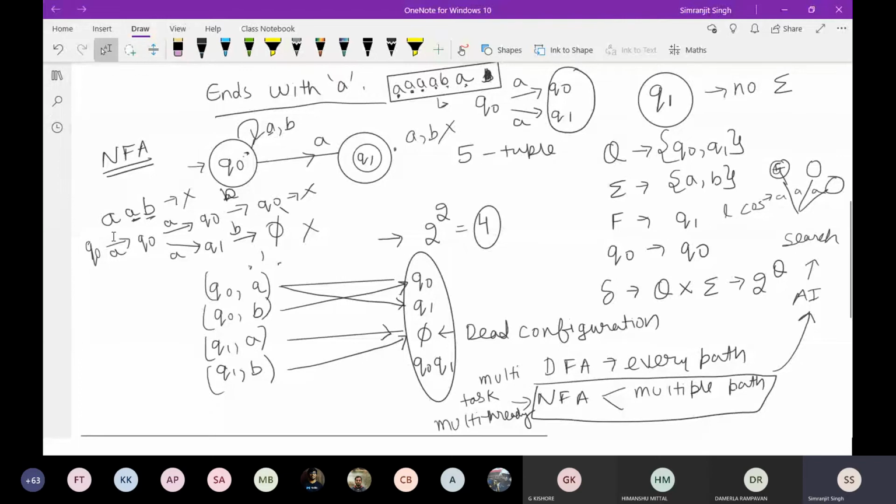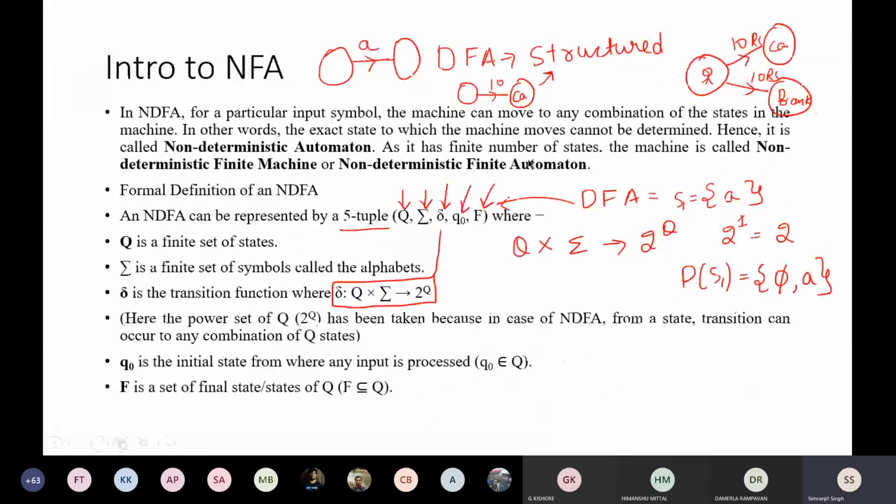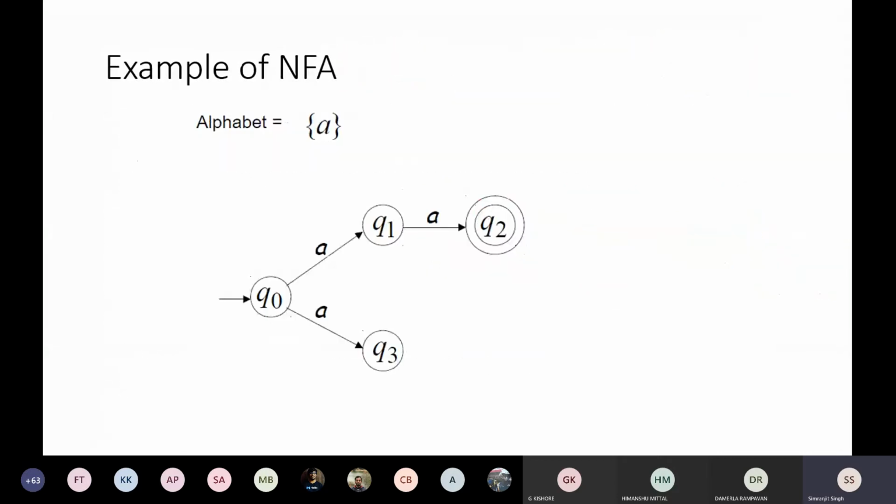Okay, so if I switch here, this is the PPT, and all the things I have explained to you are written like this. This is the example of the NFA that I have explained.